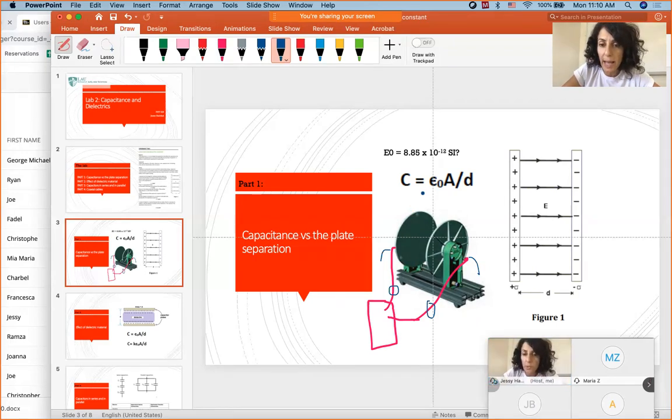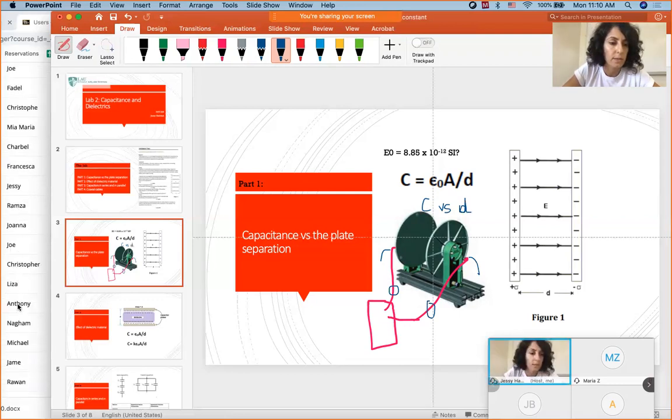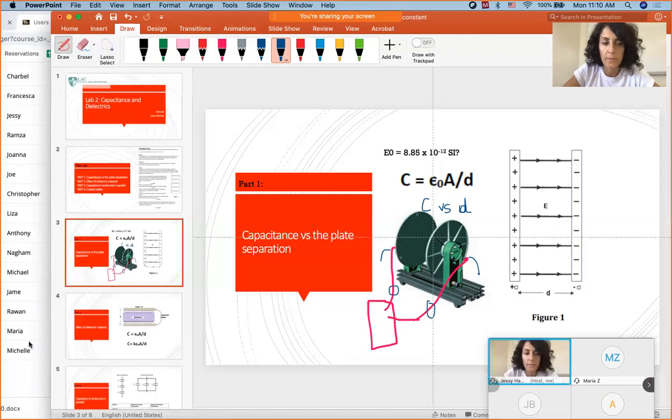You will also be asked to plot C versus D. Now my question is for Rawan.